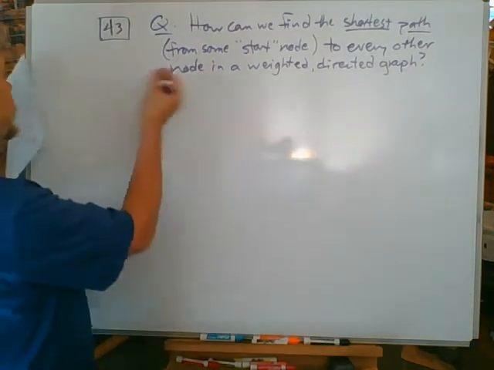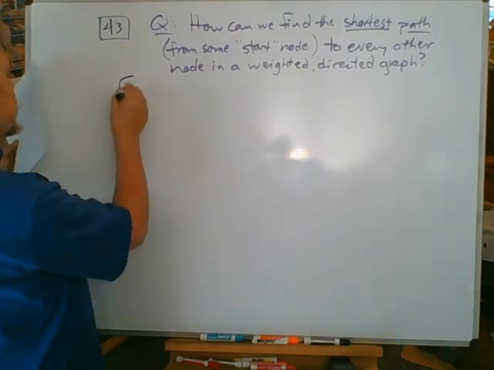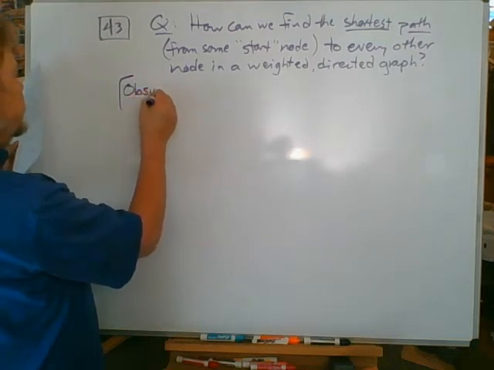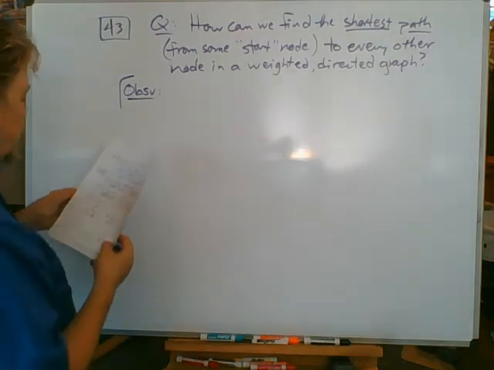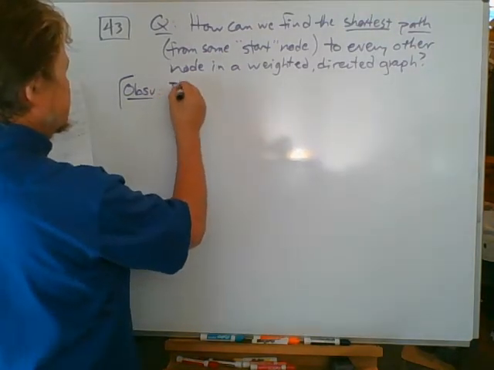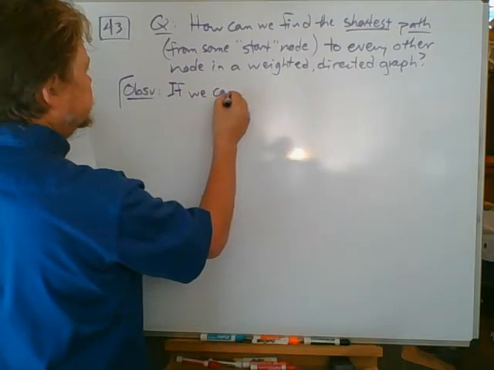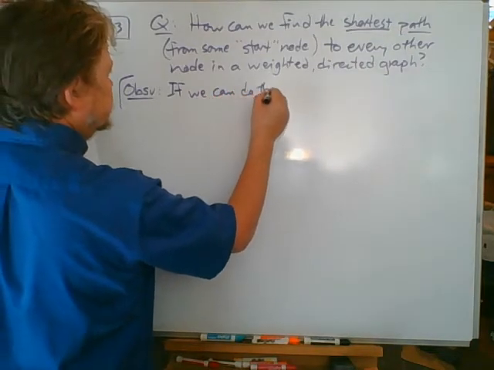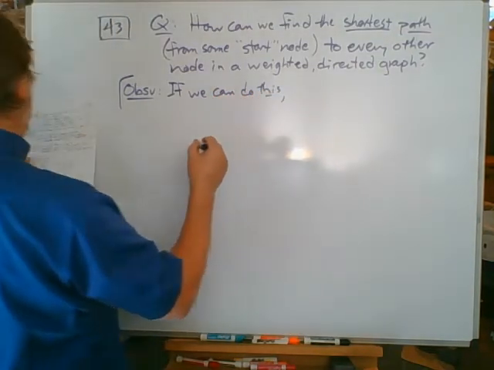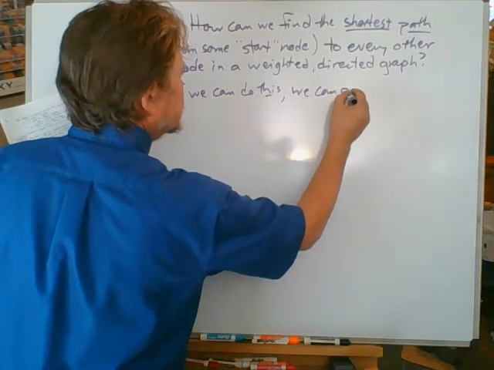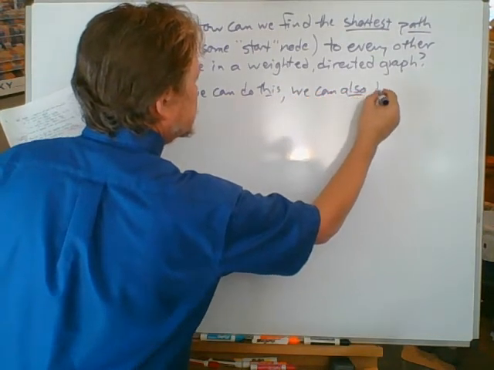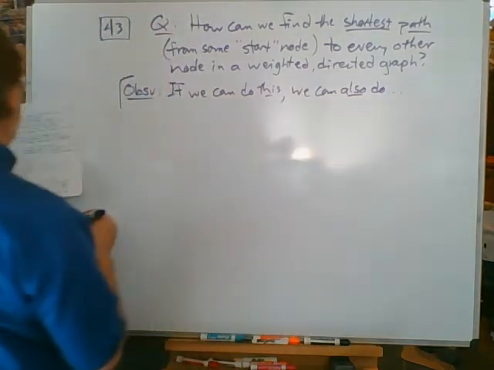An observation, though, before I even start on an answer: if you think this is so restrictive that it's got to be of limited use, actually, this algorithm has a lot of use. If we can do this, then we can also do a couple of things.